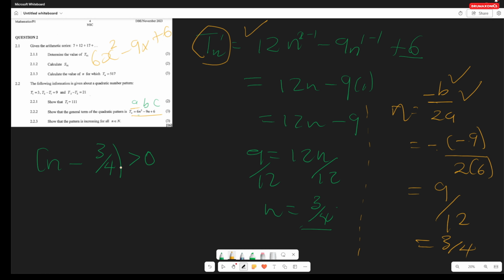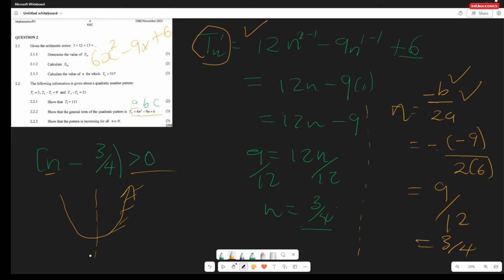So if n is actually the element of natural numbers, that means that our equation is increasing. So let's say that this is our turning point. So we know that this guy is actually increasing. That's why we're saying that the pattern is increasing for all the n element of natural numbers that are greater than 0, right? So this is how it is.